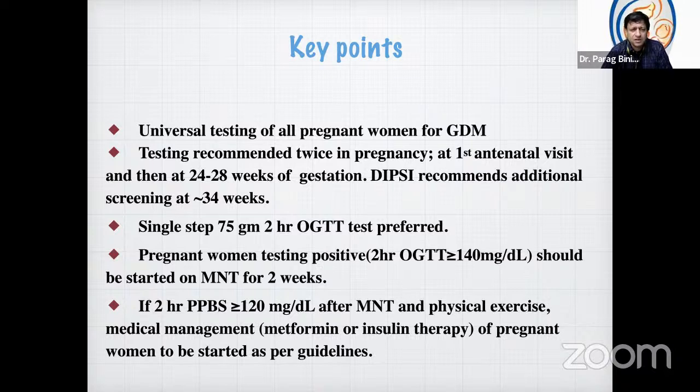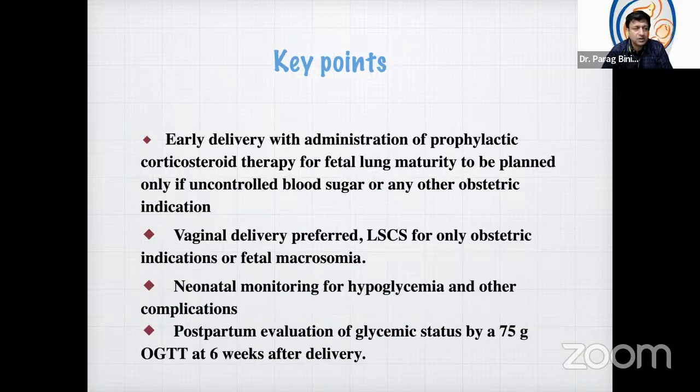The single step 75-gram 2-hour OGTT is the preferred method, and women who test positive with a plasma glucose of more than 140 should be started on medical nutrition therapy for 2 weeks, and then if the postprandial blood sugar levels are more than 120, we have to switch to oral hypoglycemics or insulin as needed.